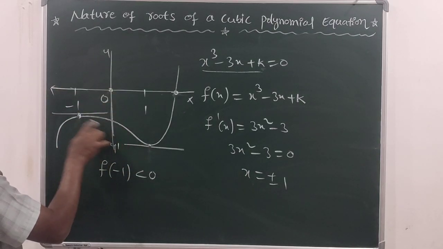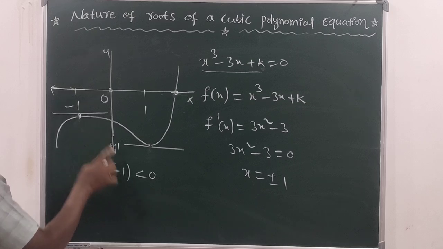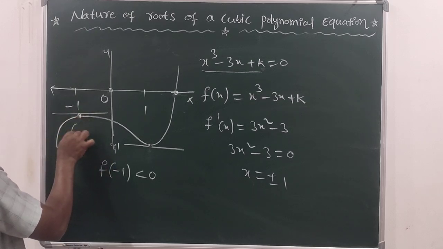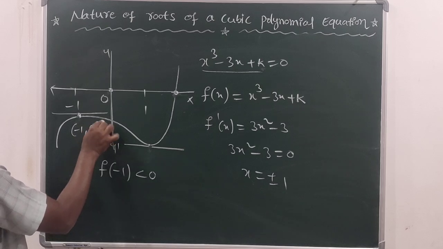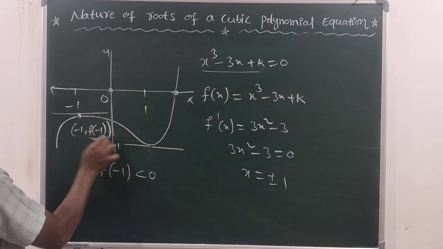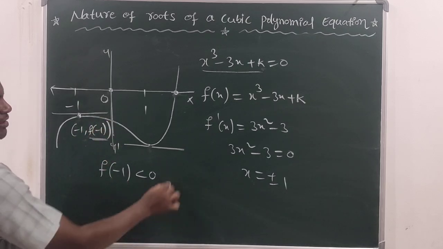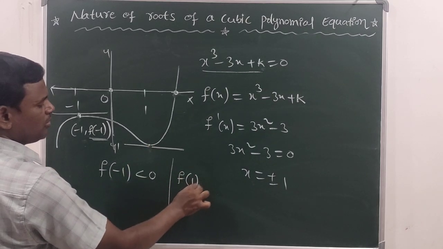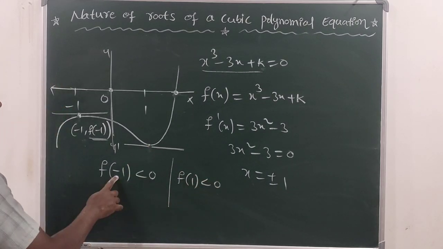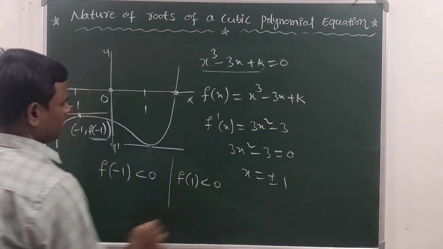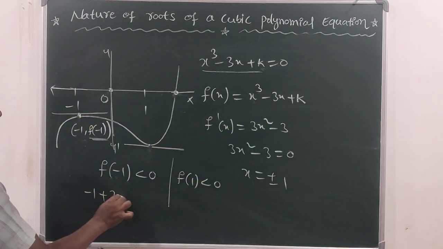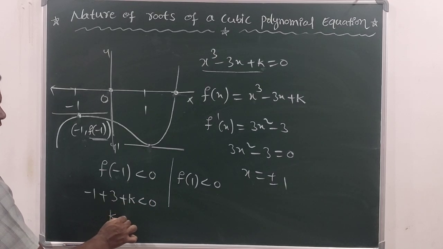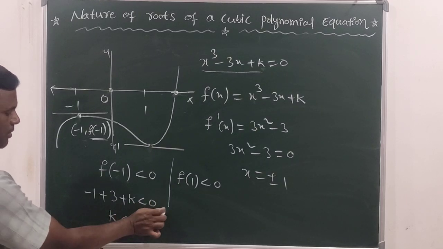So f of minus 1, this point with coordinates (minus 1, f of minus 1), is there in the third quadrant, hence f of minus 1 is negative, and the other is there in the fourth quadrant, so f of 1 is also negative. Now if I write minus 1 in the given function, minus 1 plus 3 plus k less than 0. Now k is smaller than minus 2.